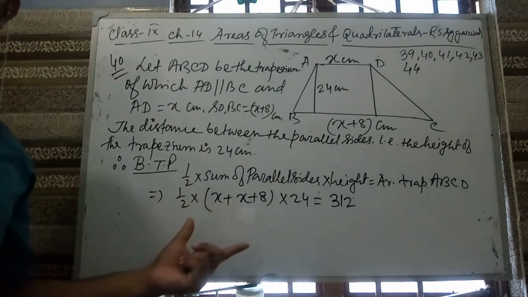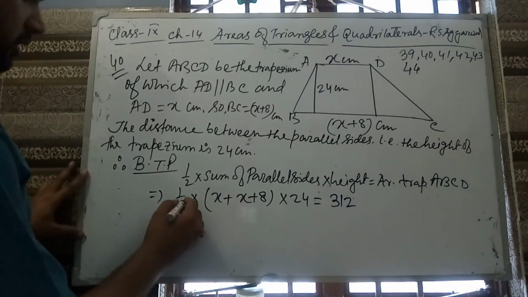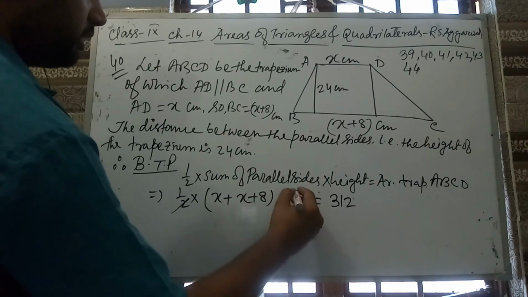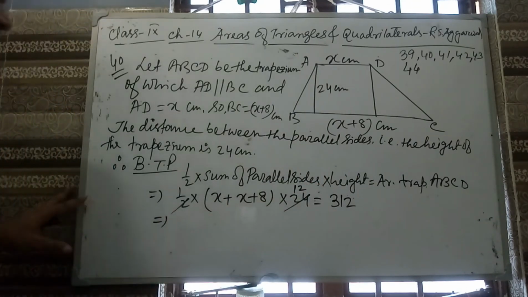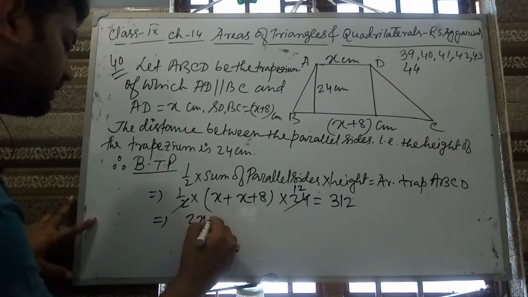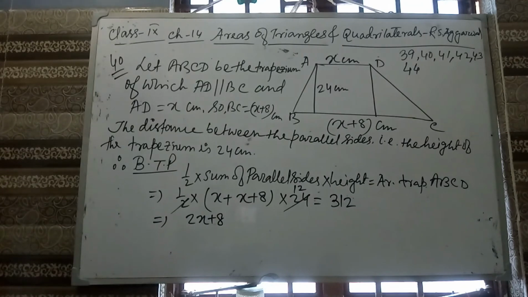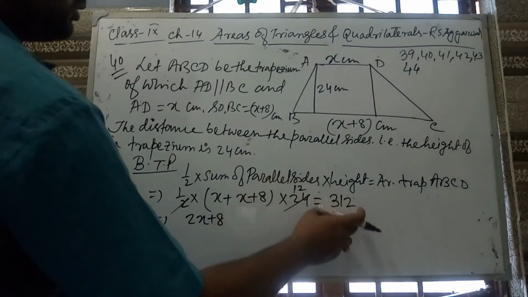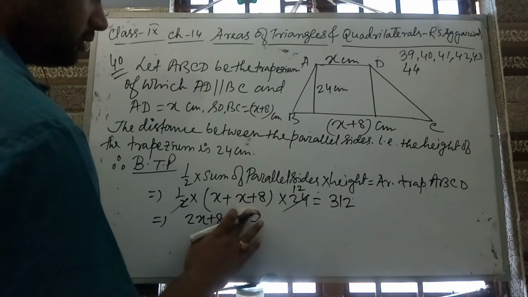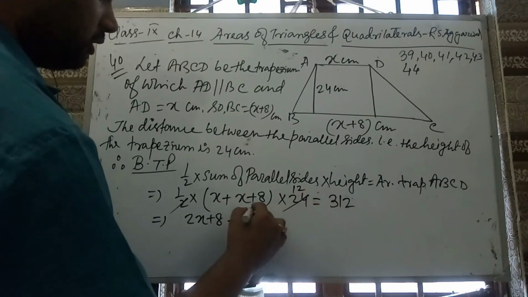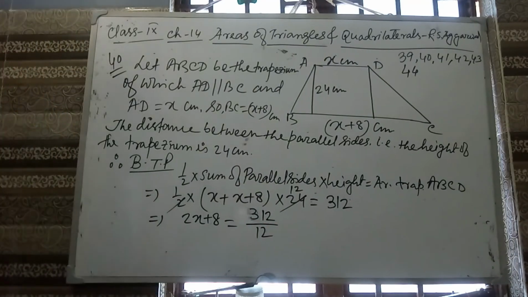From this equation you have to find out the value of x. Okay, these 2 and this 24 cancel out, 12. x plus x, 2x. So 2x plus 8. This 12 is in the form of multiplication, so it will come to this side. So it will become 312 by 12. Simplify.